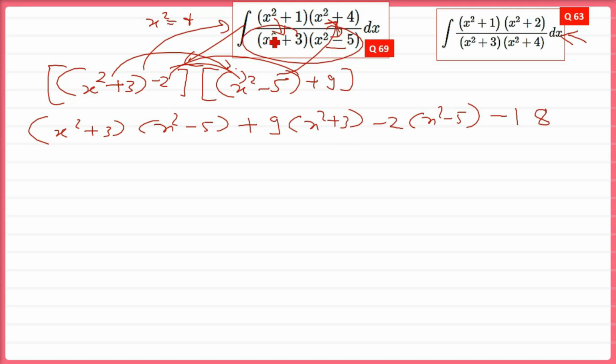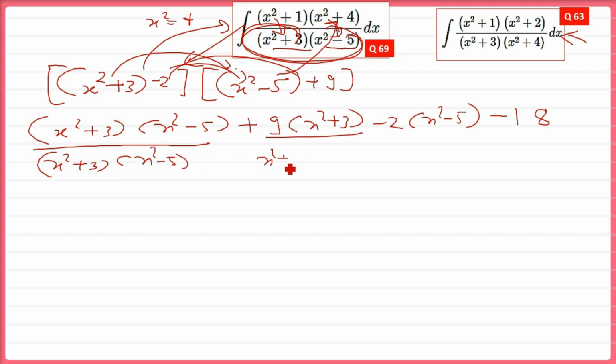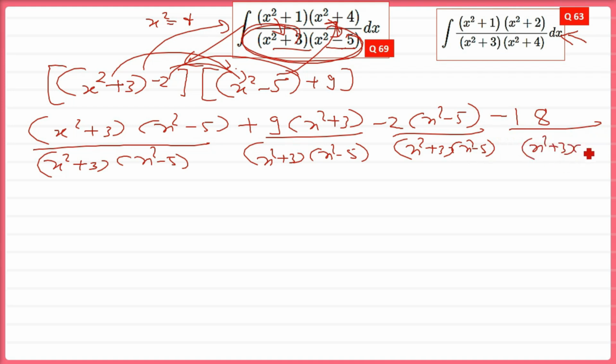So just assume that there is a denominator for all these terms, and we are going to separate these terms with the x square plus 3 and x square minus 5 in the denominator. And the benefit it will give us is that most of the cancellation will happen and the integration will become quite easy.